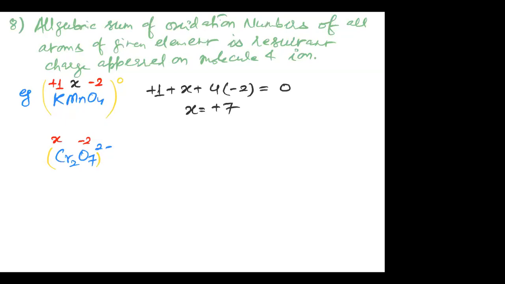So again, the algebraic sum means you can imagine twice of X for chromium. It is 7 times of -2 for oxygen, and the resultant charge is found to be, let's say, -2. From here, the value of X comes out to be, let's say, +6.